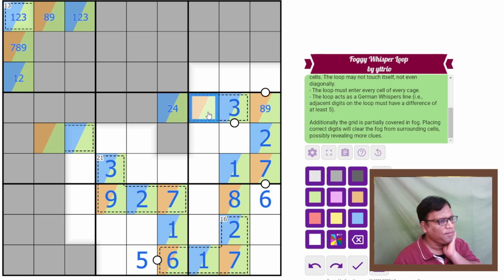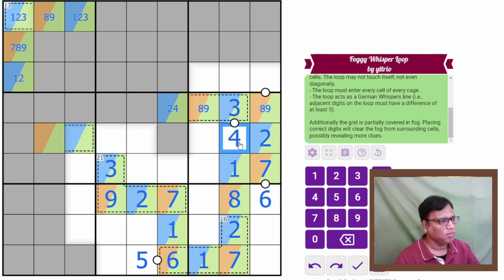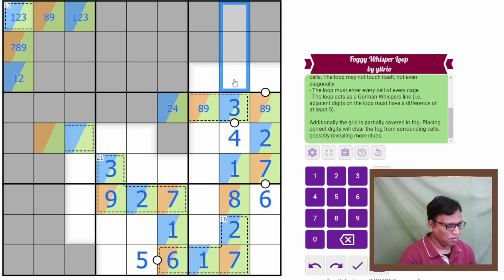And this cannot be 6 now, right? That must be 8, 9. So if that's 4, that's 9, that's 8. That's fine. Oh, 3, what is that? That must be 4 now because consecutive digits. And now we have these 3 digits, right? 1, 2, 3, 4. That's 5, 6, 9.